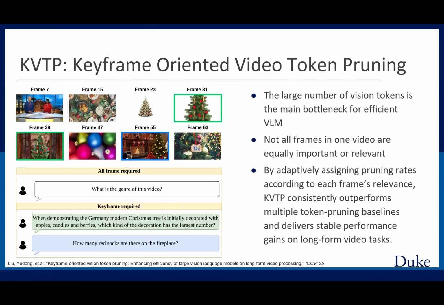Well, another particular situation we have is visuals, where the redundancy is very severe. For any video clip, it's easy to have hundreds of frames and tens of thousands of tokens at least, right? What is obvious, in fact, is that not all the frames in a video are equally important or relevant to the inquiries.